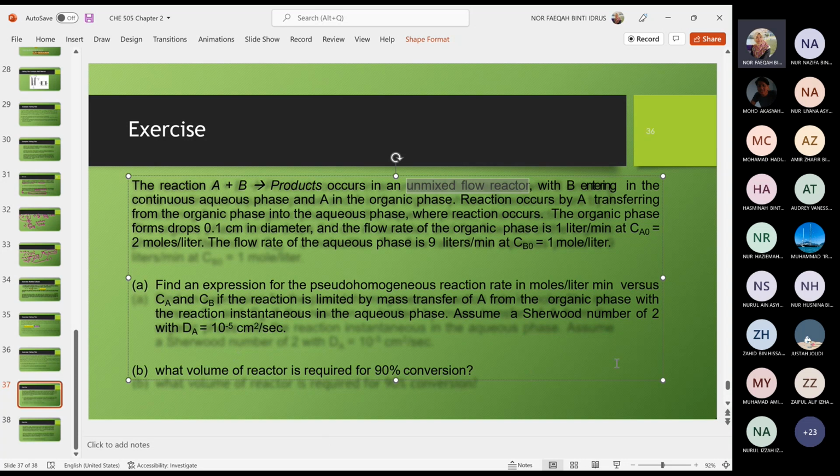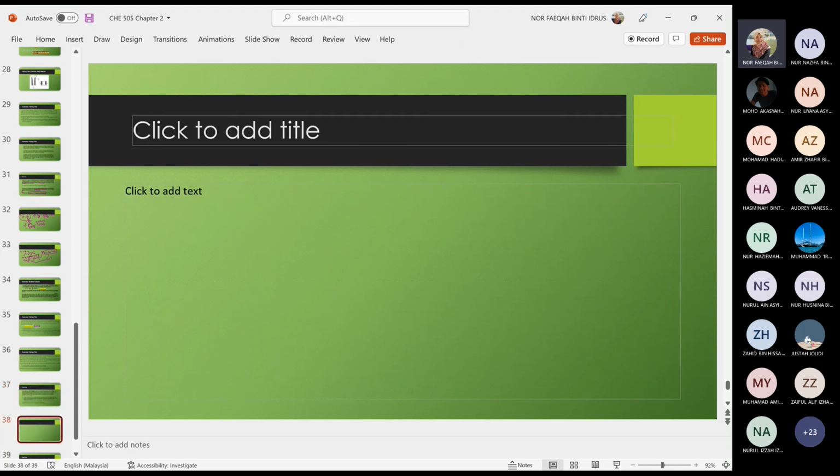So, how to answer the question? Part B asks what volume of reactor is required for 90% conversion. That one is later. First we answer this one, when the reactor is unmixed flow.